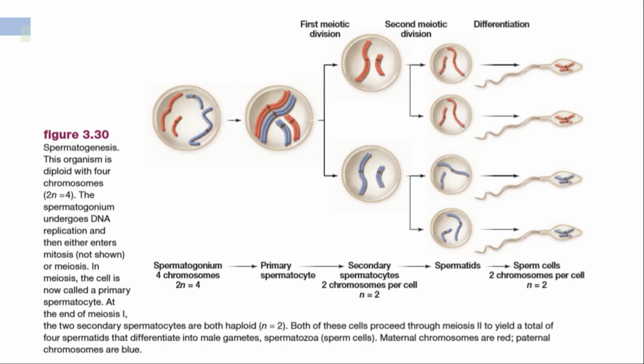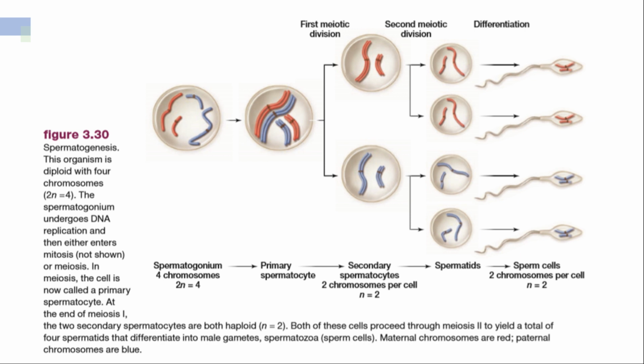Next, each of those secondary spermatocytes will undergo meiosis 2. By the end of this process, bawat isang secondary spermatocyte ay nakaproduce na ngayon ng dalawang spermatids.